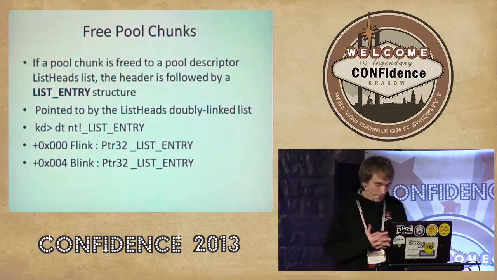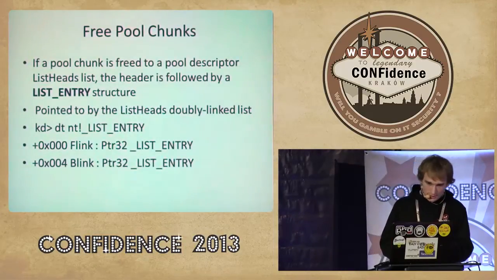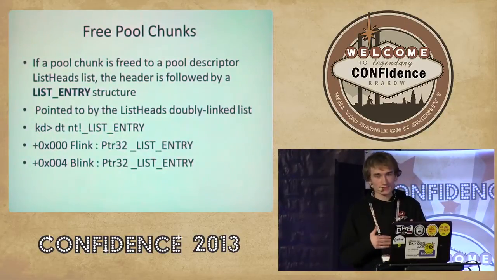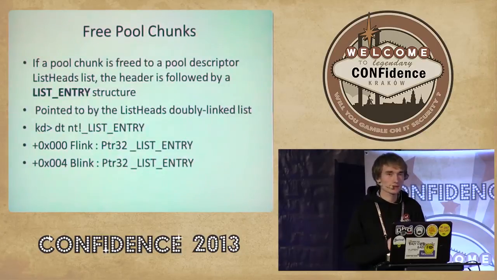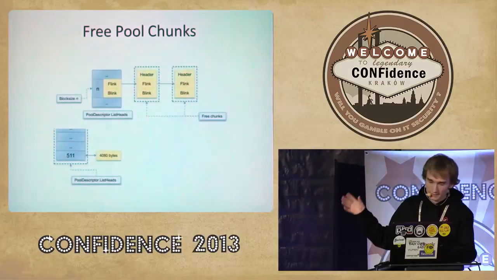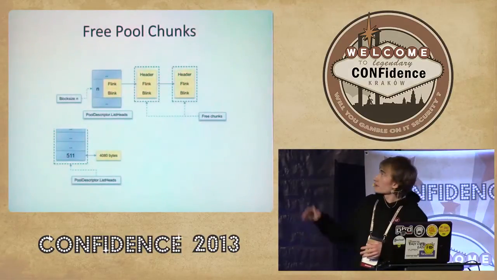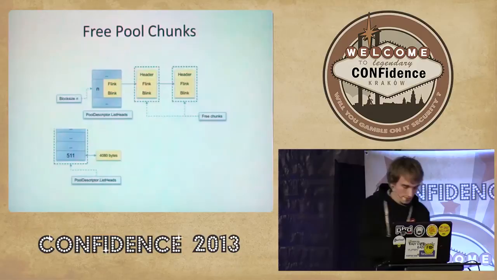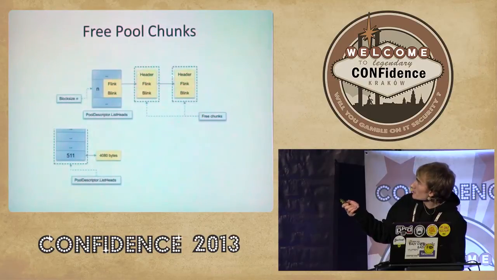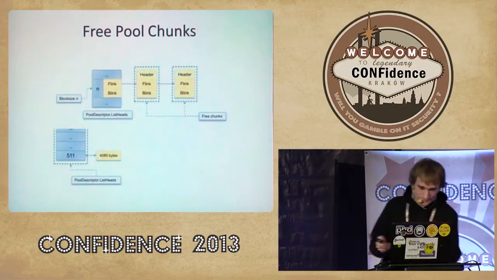The main thing is that for free pool chunks, after the pool header there's a list entry structure containing pointers to the forward and backward headers. So this is how it looks graphically. There is a header and pointers to forward and backward.